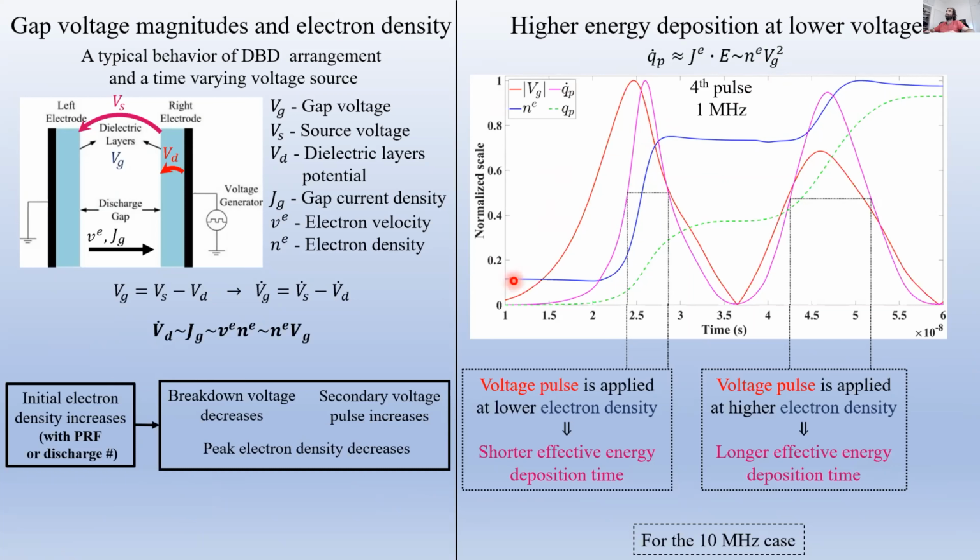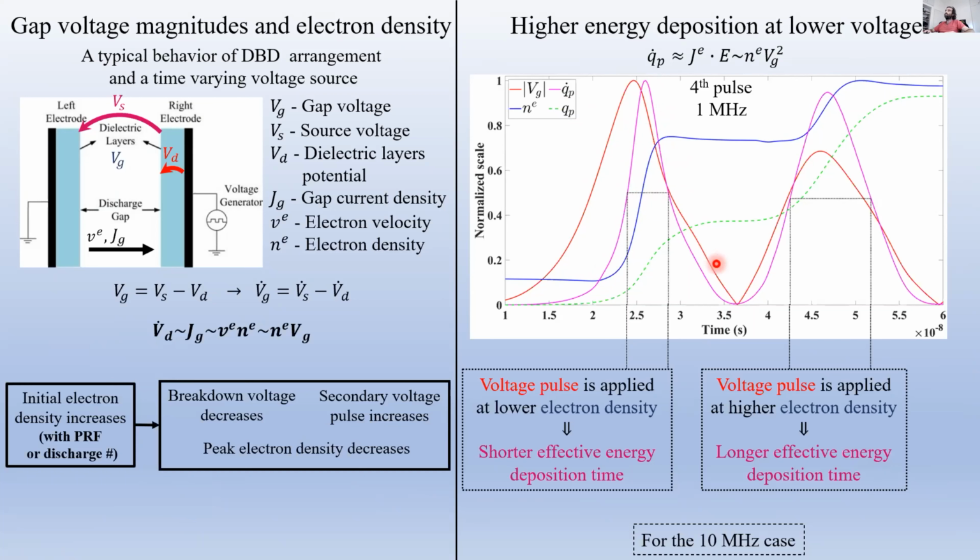So in blue, we have the electron density. We can see it is initially relatively low. Then it gets higher during the breakdown voltage pulse, which is in red here, but it actually lags behind it in time. So if we look at the coupled power as a pulse, which is the purple curve here, we can see it is relatively narrow.